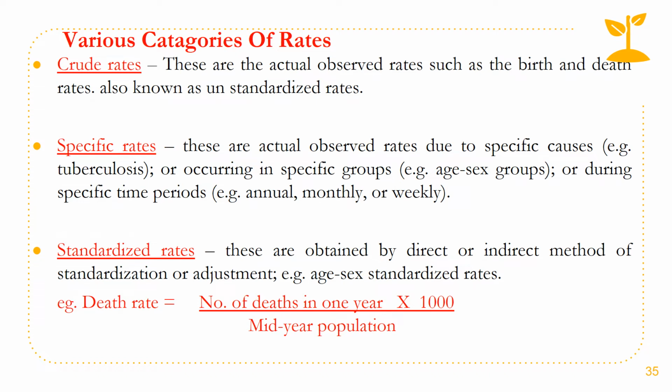Standardized rates are obtained by the direct or indirect method of standardization or adjustment. For example, the death rate is equal to the number of deaths in 1 year divided by the mid-year population, multiplied by 1000. That multiplier depends on the mid-year population.